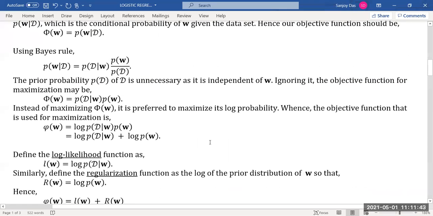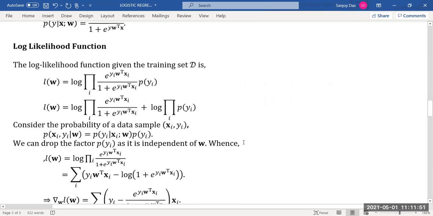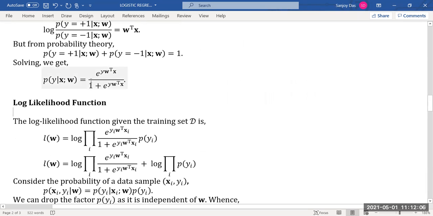So now we want the probability of D given W. Consider just, so this is the probability of the, which is log of, sorry, I got this expression for each sample point, yi and xi.